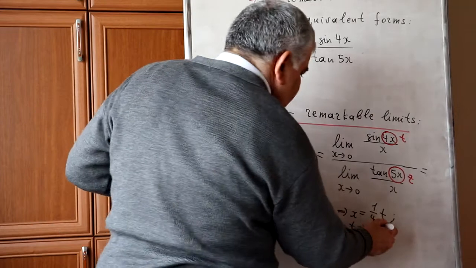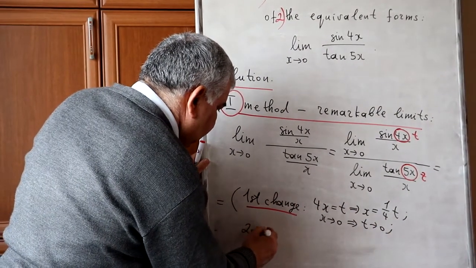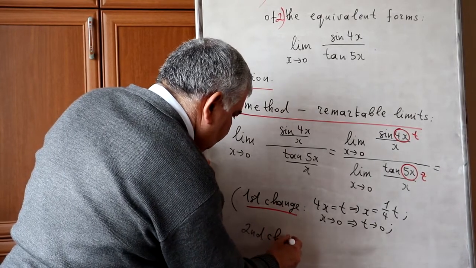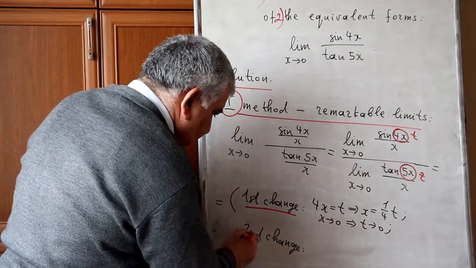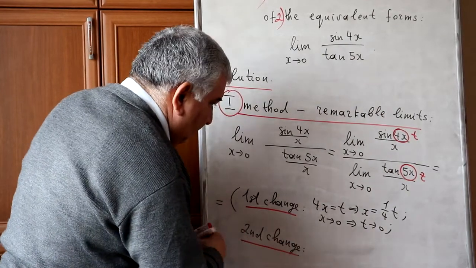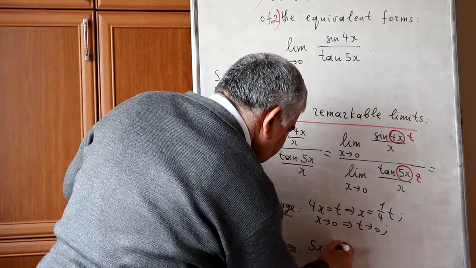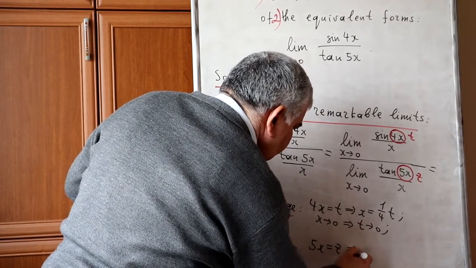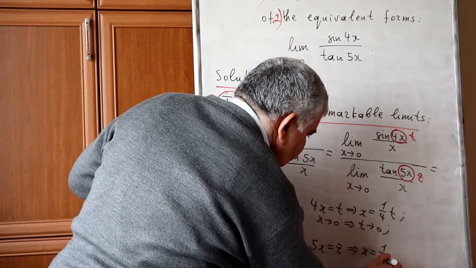Then consider the second change. 5x equals z. Then x is 1/5 z.